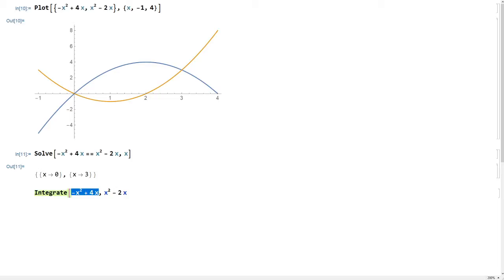The top function is the blue one, which is this first one I have here. Then we want to subtract the bottom one, which is x squared minus 2x. So we're integrating the top minus the bottom here. This isn't strictly necessary, but I'll put parentheses around this just to emphasize top minus bottom. And here x goes from 0 to 3.